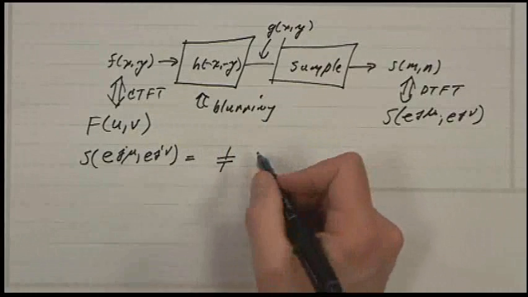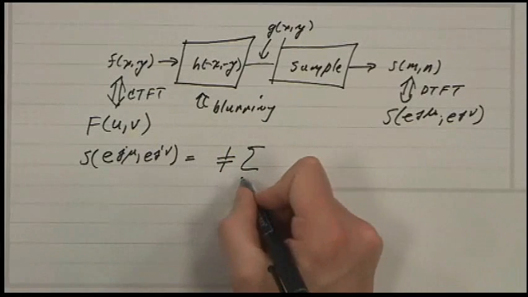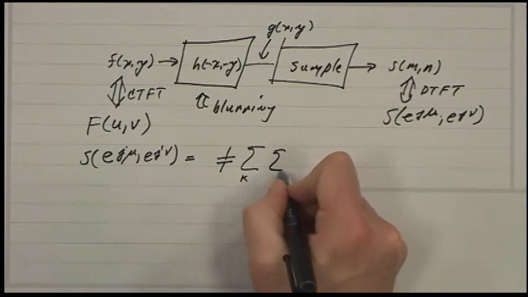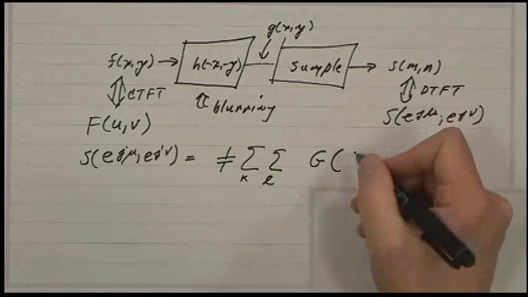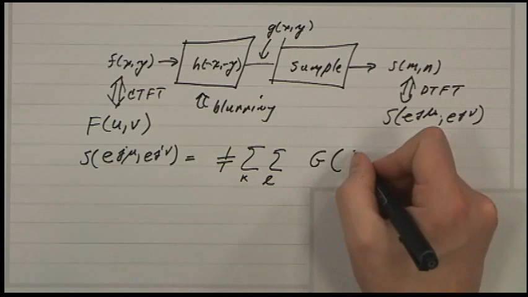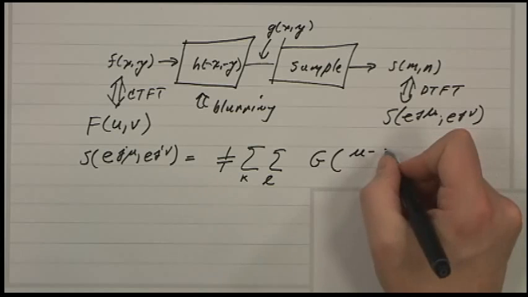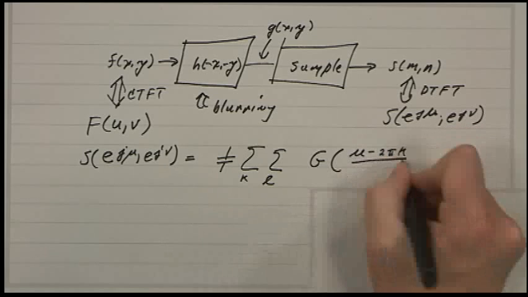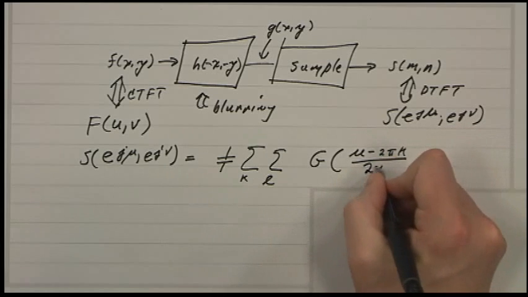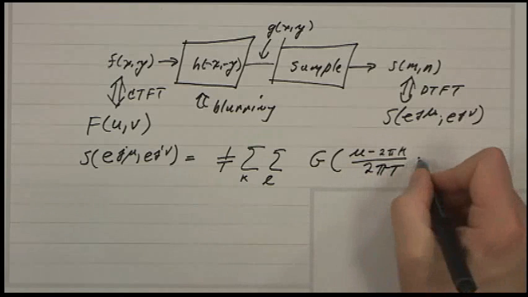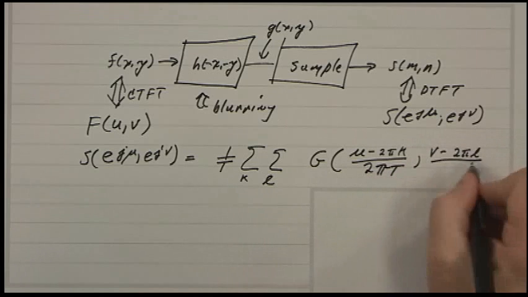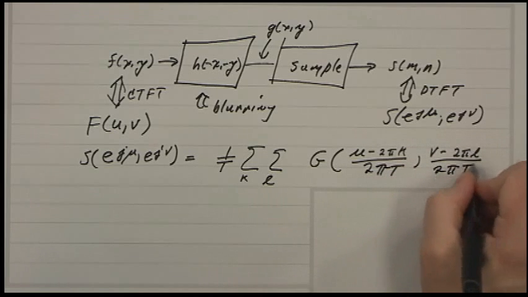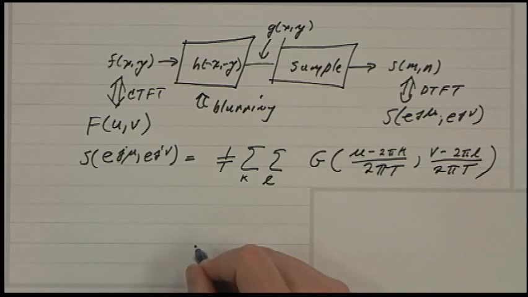That's going to be equal to the sum over k and the sum over L of g of mu minus 2 pi k over 2 pi T, and nu minus 2 pi L over 2 pi T.